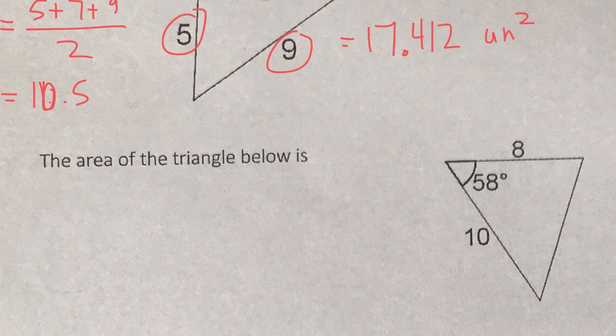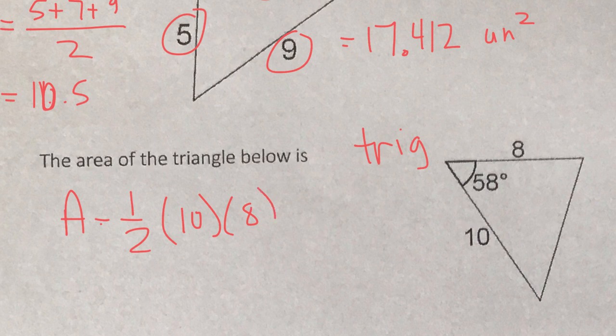Okay, the area of the triangle. So this one has an angle and 2 sides, so we're going to be using our trig formula for area. Okay, 1/2 of side 1, which is 10, times side 2, which is 8, times the sine of the angle in between them. That's the area formula if we have an angle. We'll always use this formula if we have an angle and we know the 2 sides around that angle, right?